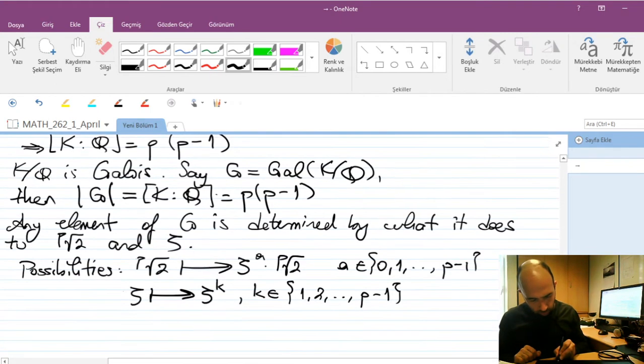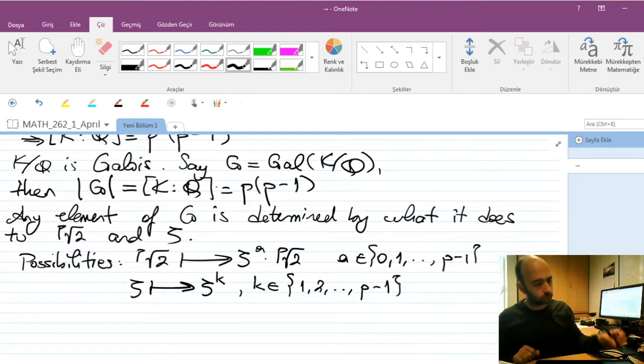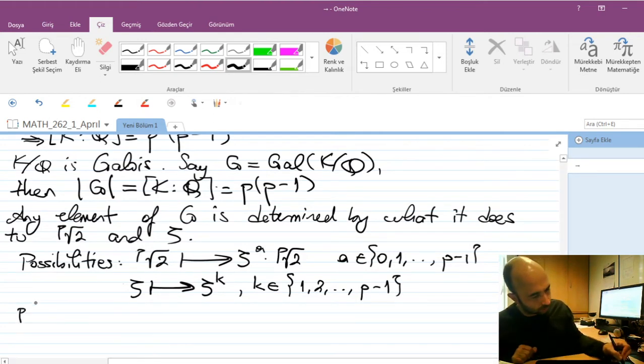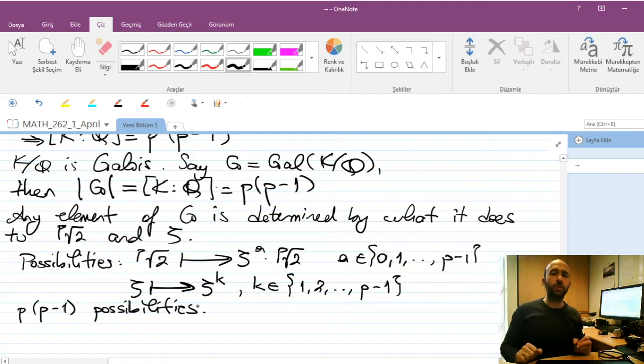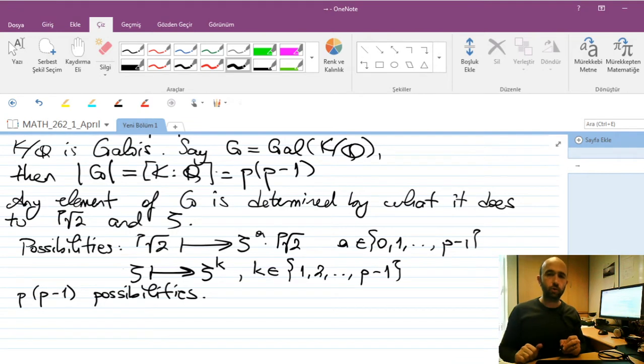Now, this is nice because there are a total of p times (p minus 1) possibilities altogether. But p times (p minus 1) is equal to the order of G. This means that all of these possibilities should be realized.